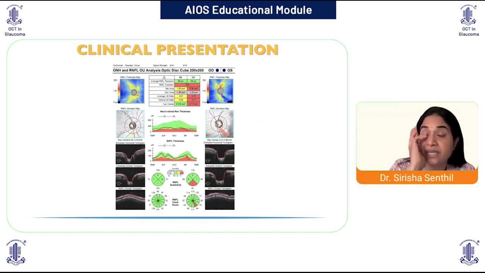So this is the right eye of the patient, which actually did not show much changes, but clinically there is some amount of thinning that we notice. In the left eye, there is an NFL defect that is noted even in the OCT inferiorly.